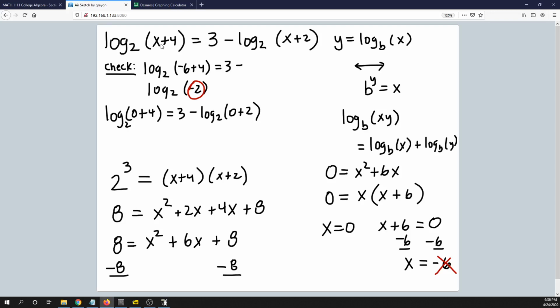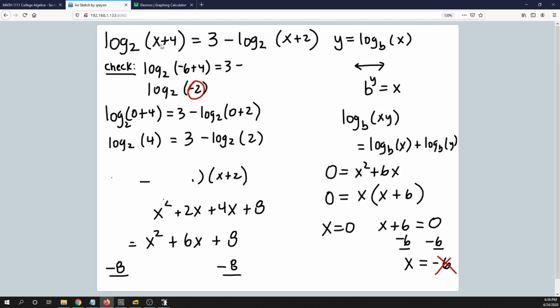When I start simplifying that, I get log base 2 of 4 equals 3 minus log base 2 of 2. And so far, so good.